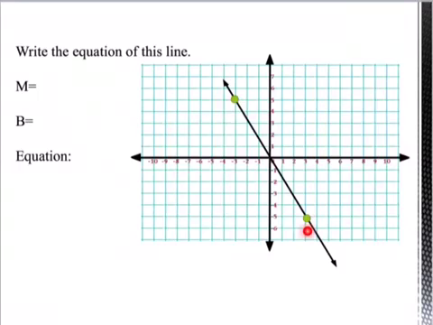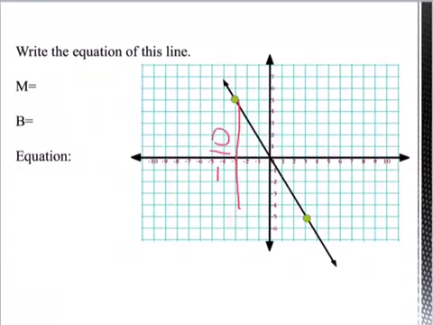So we need to figure out how many units that was. It is 1, 2, 3, 4, 5, 6, 7, 8, 9, 10. So we went down 10 units. If you go down, it is negative, so this would be a negative 10.